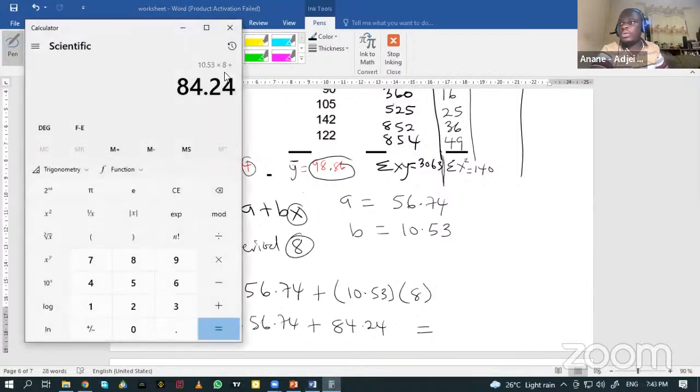So 84.24 plus 56.74, and that is 140.98.